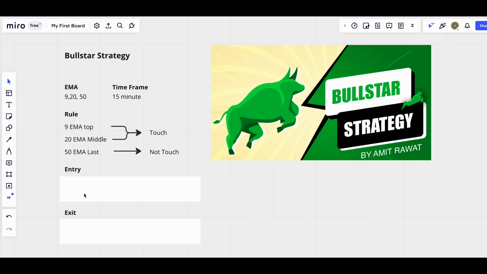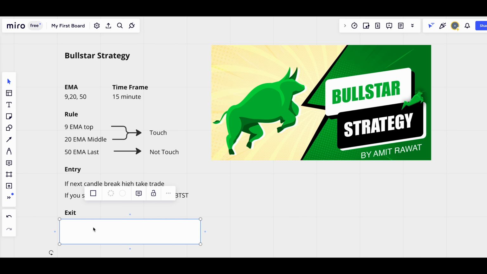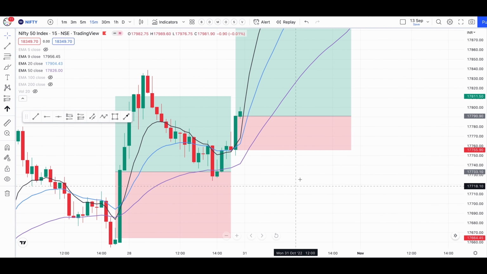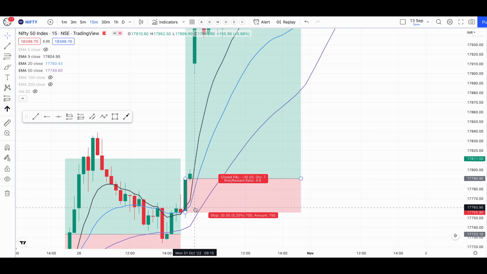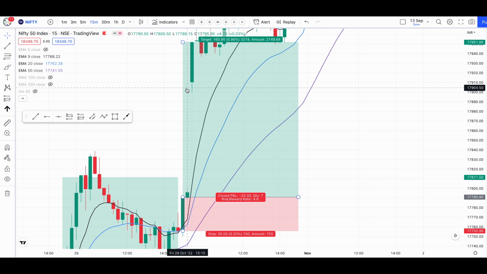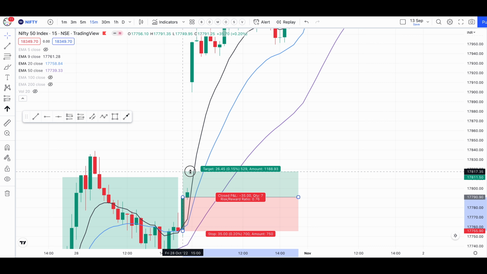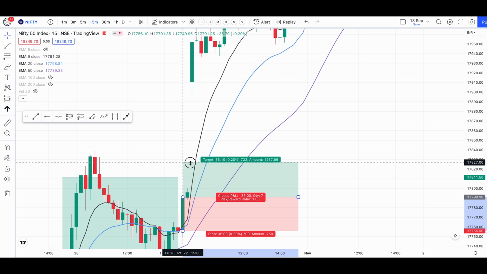So that's the whole thing. I just discussed when you can take an entry. Let me discuss when you can plan your exit. You should plan a trailing stop loss. For example, here you take a 35 point stop loss, so you take a ratio of 1:1. If you have a 35 stop loss, then go for 35 as your next target, because of a huge gap up.